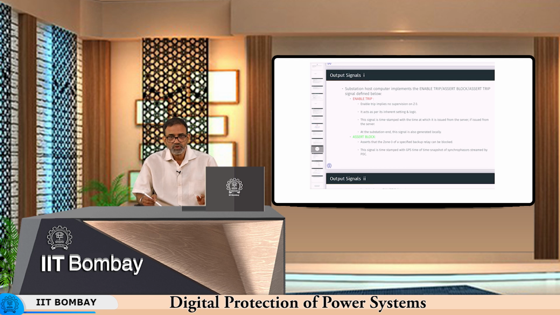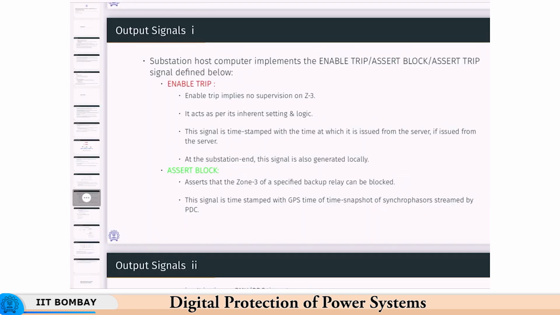Because the substation host will have to figure out whether the signal is current or not, whether that signal itself, which could be enable trip, assert trip, or assert block, is the latest, or it should be discarded. So for that it has to be time stamped and compared with the current time at the substation end, and at the substation end this signal is also generated locally.